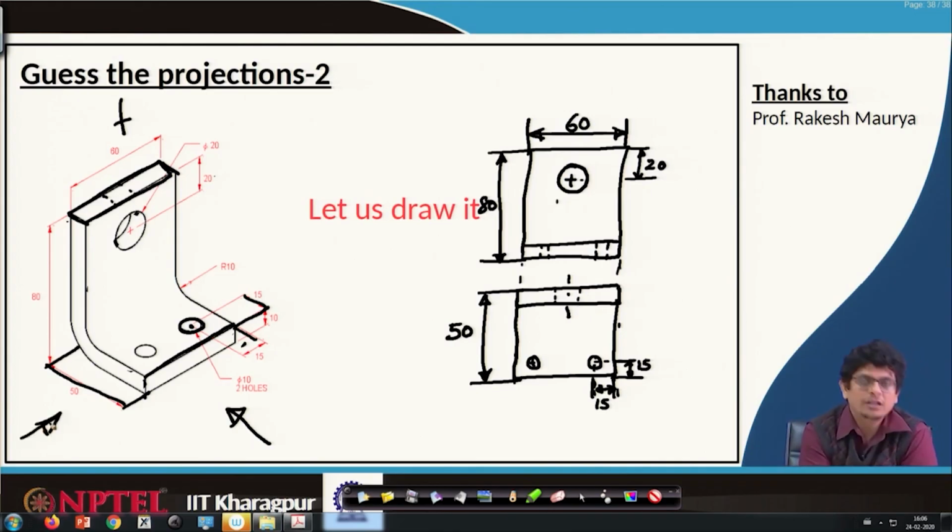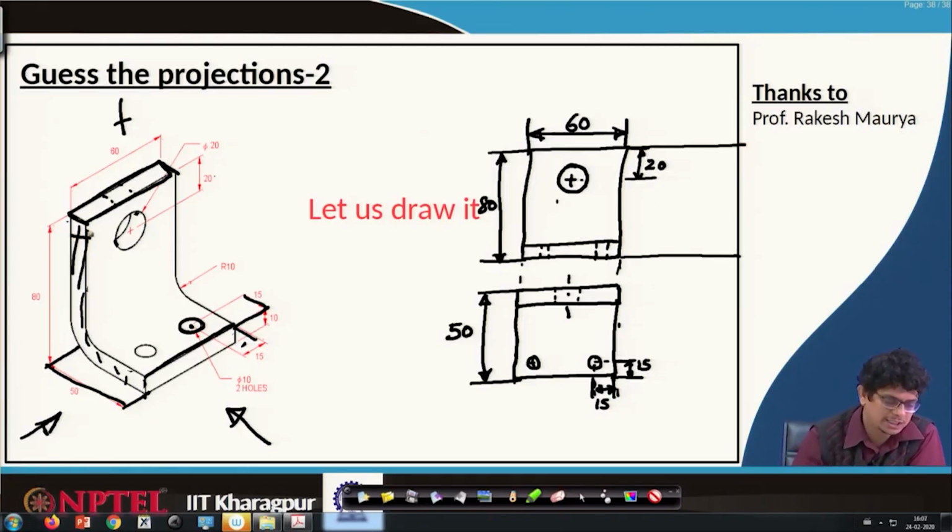Now, if we are looking at a view from this direction, what we are supposed to see is this L portion. So, it goes in between these lines, whatever the thickness here, that thickness we will see something like this, all the way goes. At the same time, bottom also we will see that, whatever that length, we will see that these are perfect edges, and there is an arc.